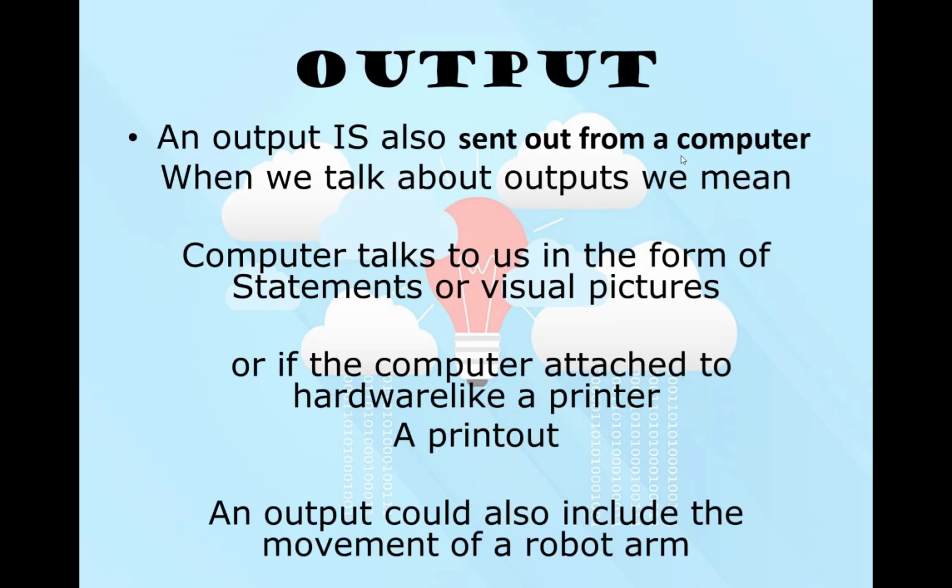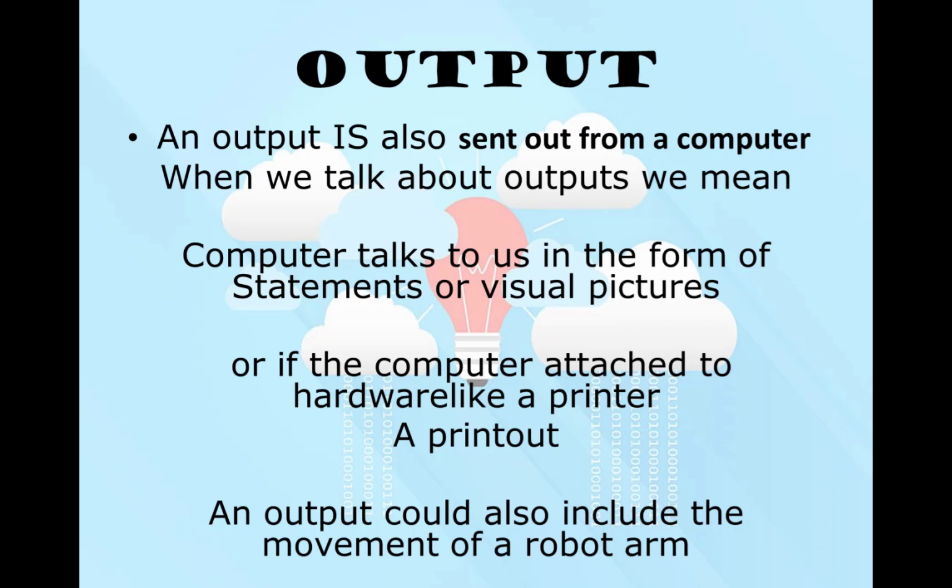An output is also sent out from a computer. When we talk about outputs, we mean the computer talks to us in the form of statements on the screen or visual pictures. You must have used an iPad or a computer.